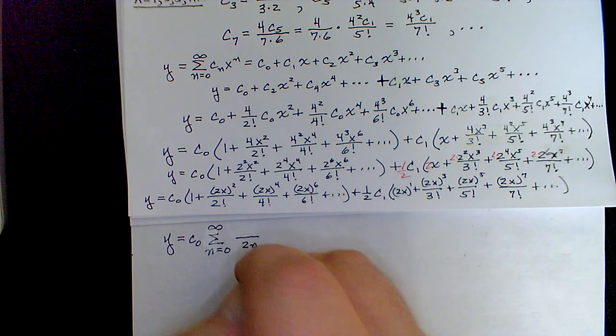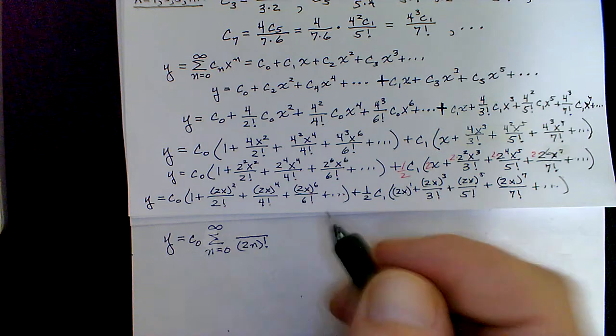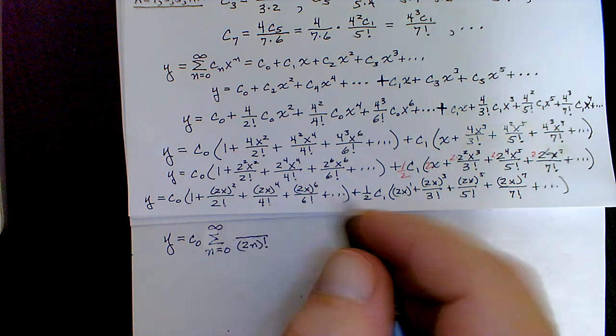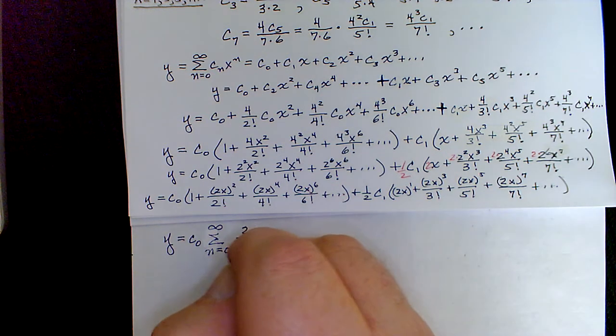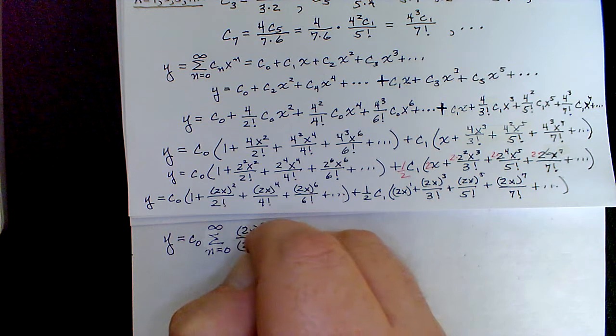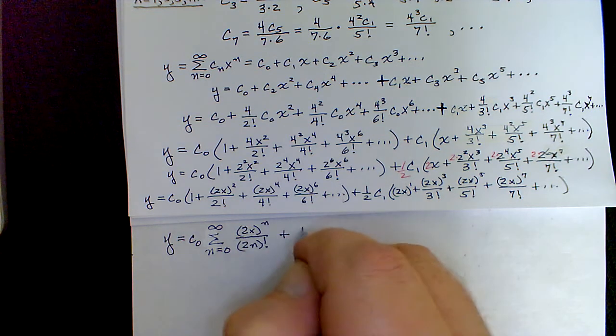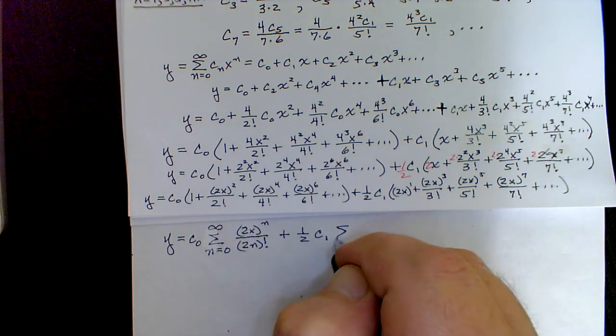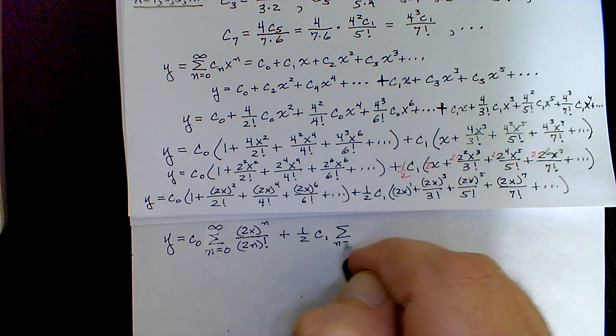Here, I'm going to build it first, and then we'll check and make sure it matches what we thought. And then instead of an x, it looks like 2x as a quantity to the nth in the numerator. And then we've got 1/2 c sub 1, and we'll worry about this sum in a moment.